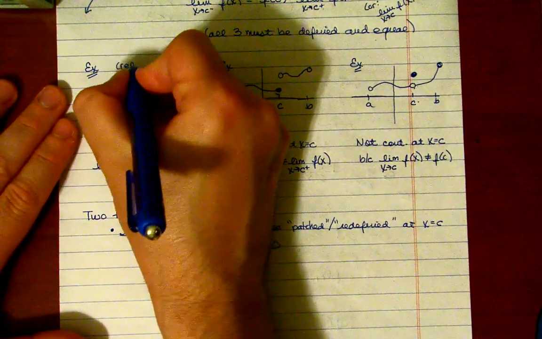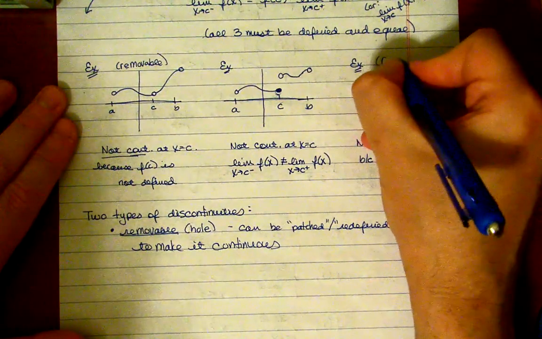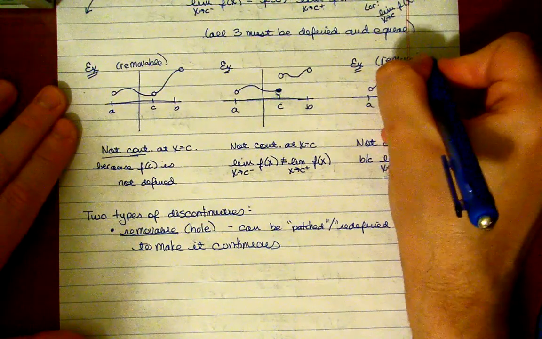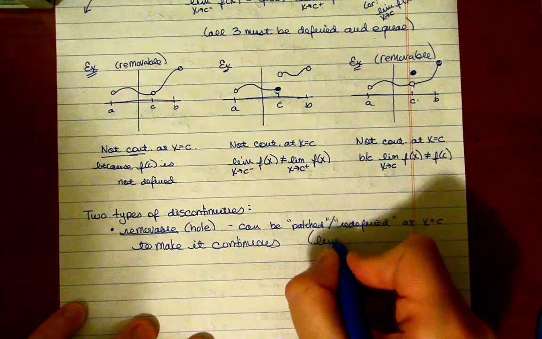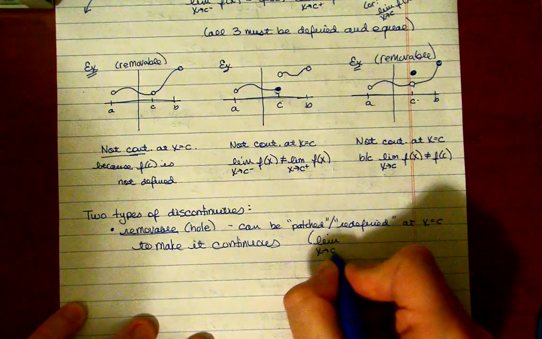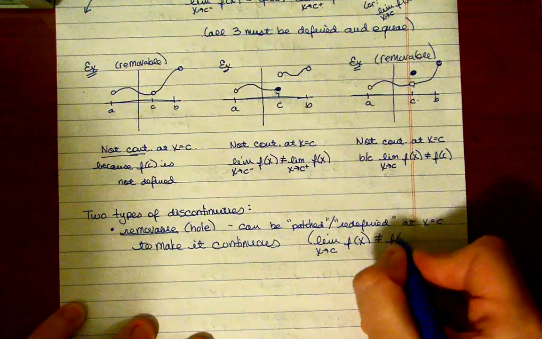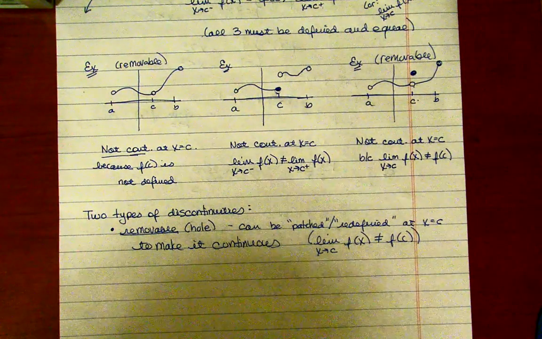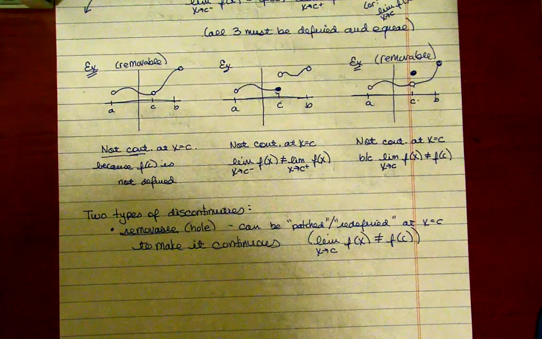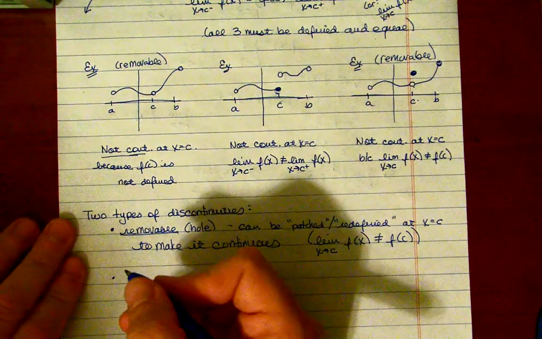This first case is an example of something that is removable. The last case is an example of something that is removable. And really what we're looking for is for the limit as x approaches c of the function to exist, but just to not equal the value of the function right there. All we have to do is change the value of the function to equal the value of the limit, and we'll be continuous. Those are removable discontinuities.